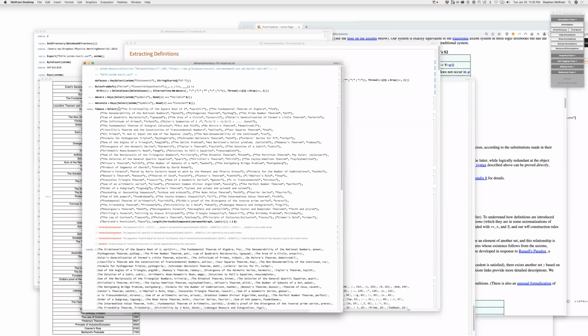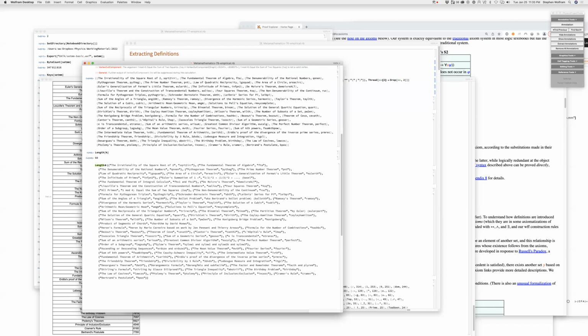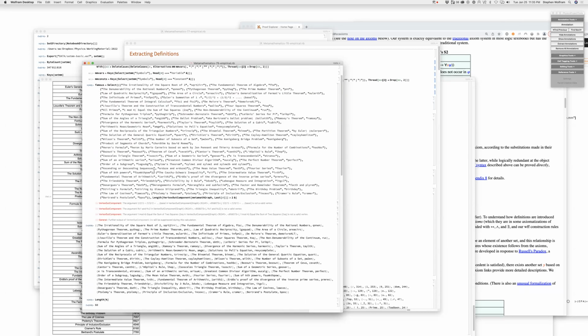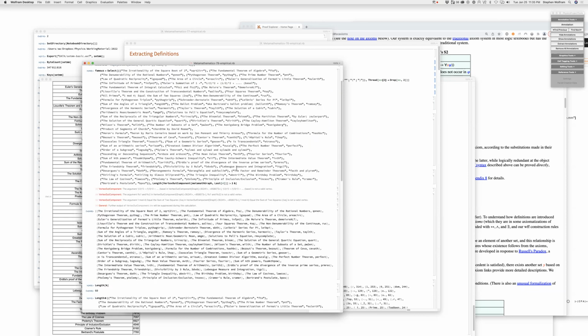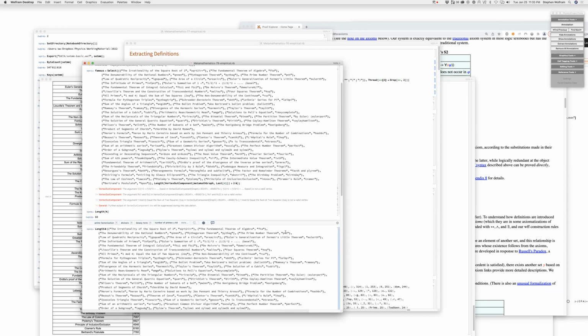Sixty. Okay, how many was this? Okay, so 13 went missing. Okay, it's fine to have 60 theorems here.